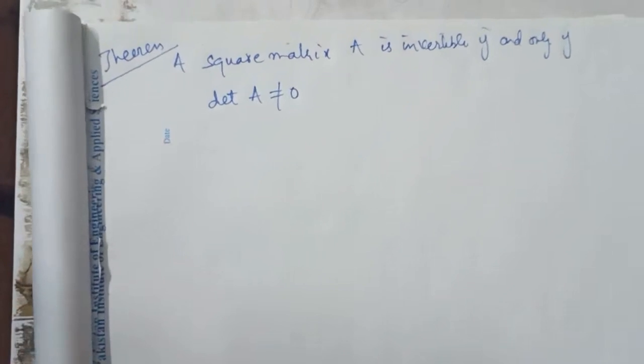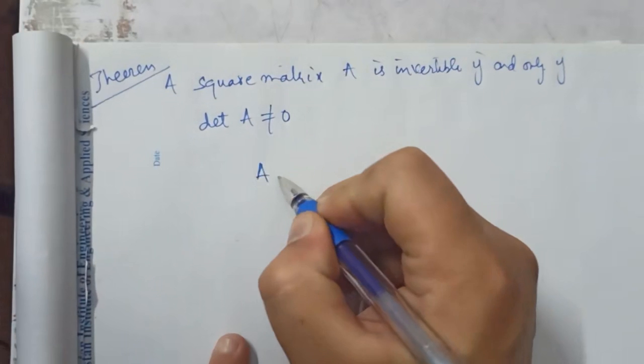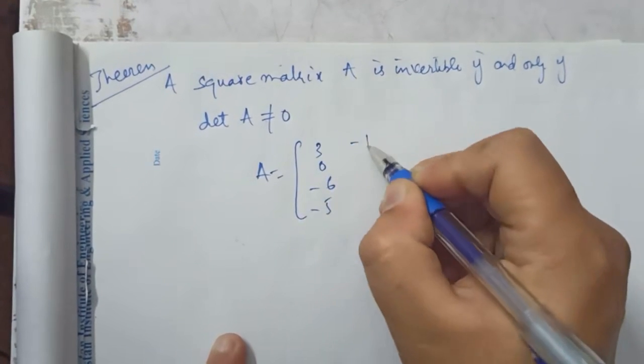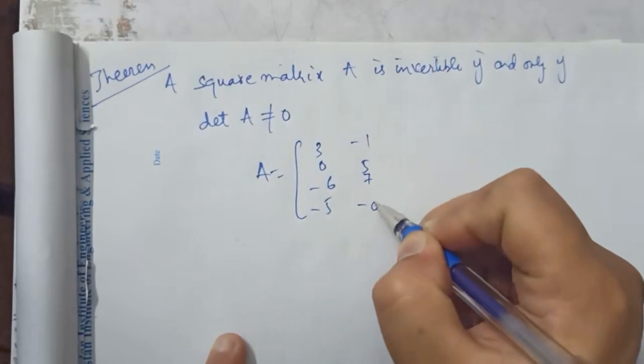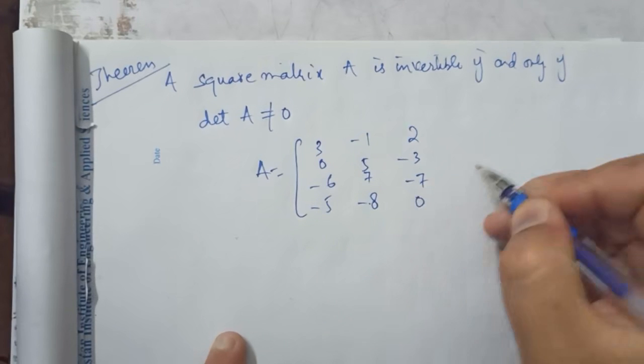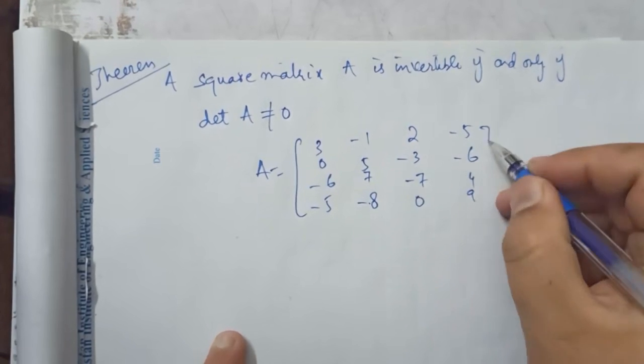So to illustrate what I just discussed with you, if I want to find the determinant of this matrix here, 3, 0, -6, -5, -1, 5, 7, and -8, 2, -3, -7 and 0, -5, -6, 4 and 9, right?